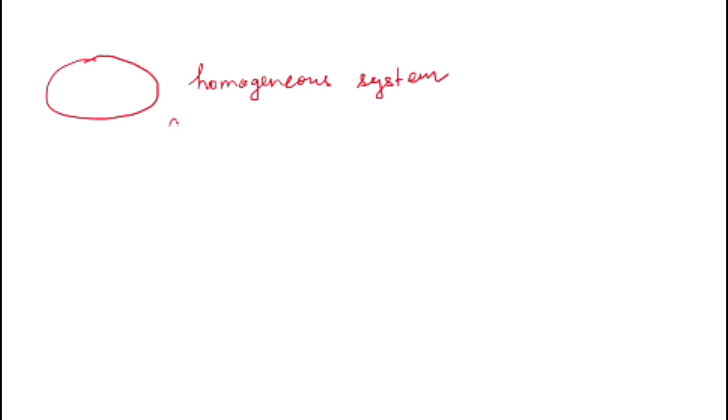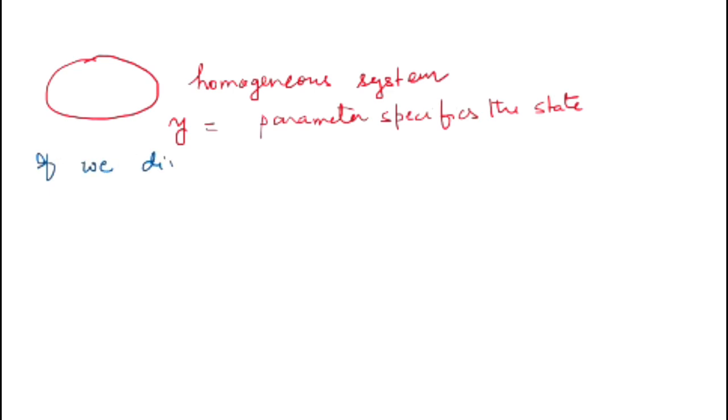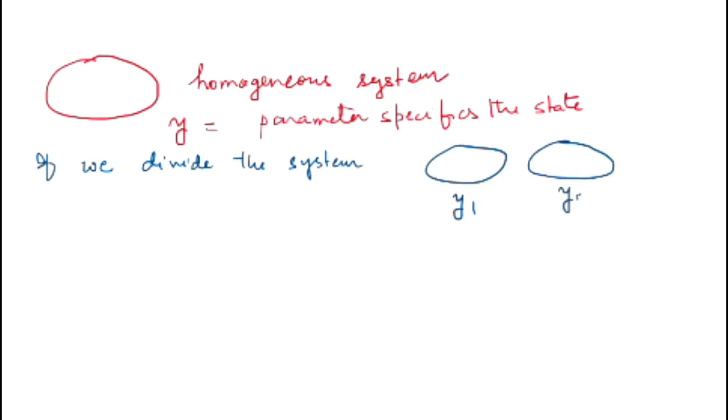Now, how to distinguish between the intensive variable and the extensive variable? Let us consider a homogeneous system which is defined by a parameter y. So, y is the parameter which specifies the system. Now, if we divide the system into two subsystems, the first subsystem is y1 and the second one is y2.